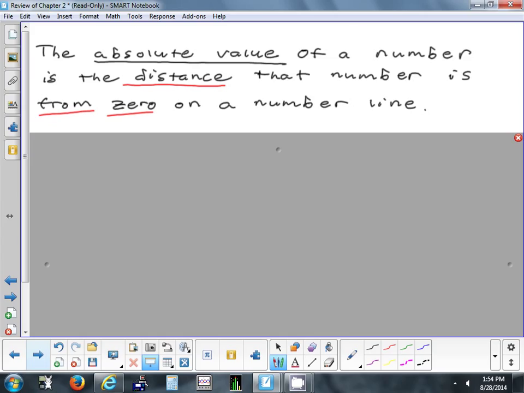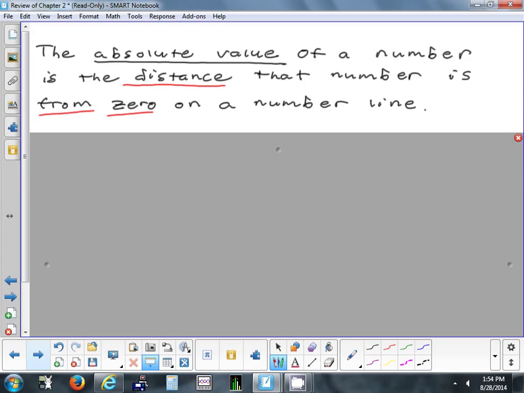Since it's a distance, what kind of number does that mean? Anytime you have a distance, what kind of number does it have to be? You only have 2 choices. Think about if I measure the length of this table.